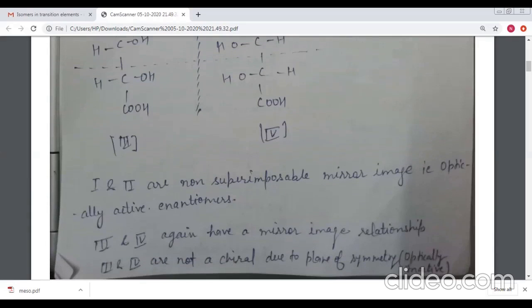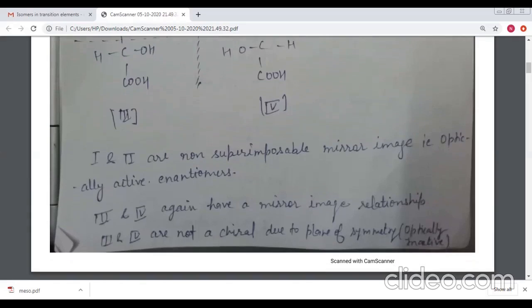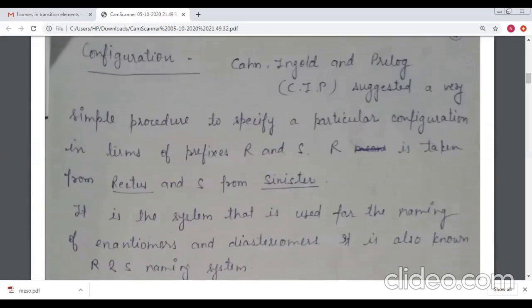And as we know, an optically inactive compound can't rotate the plane polarized light towards the right or towards the left.